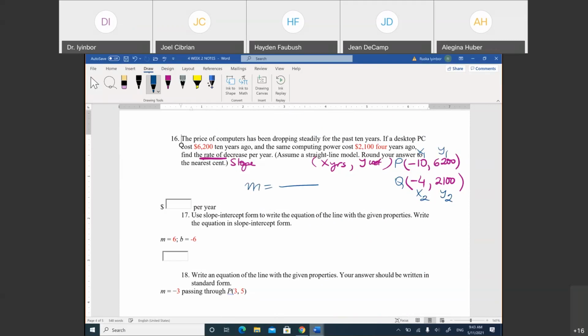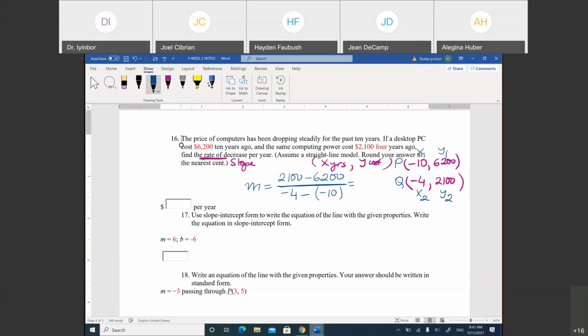So the formula is y2 minus y1. So it's going to be 21 hundredths minus 62 hundredths over x2 minus negative 10. And you're going to simplify this.